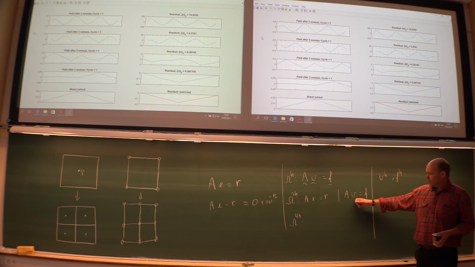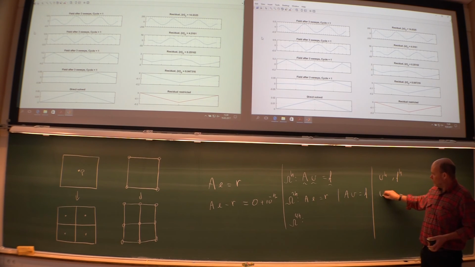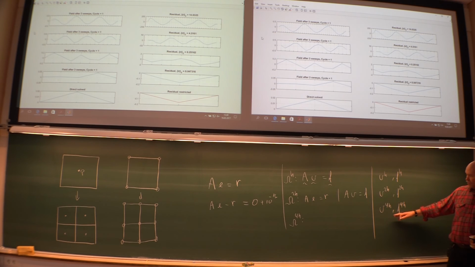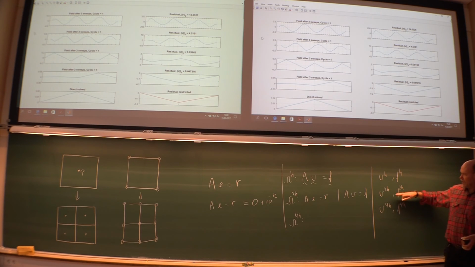On the coarse mesh you're going to need exactly the same, but they will be only half as big. But you need both sides, and you need to store them, because when you are going down into even coarser meshes and then finally trying to go back up again, you still need the full equation system here. We are going to adjust this one and then do a couple more iterations, so we still need to remember the right hand side on all levels.